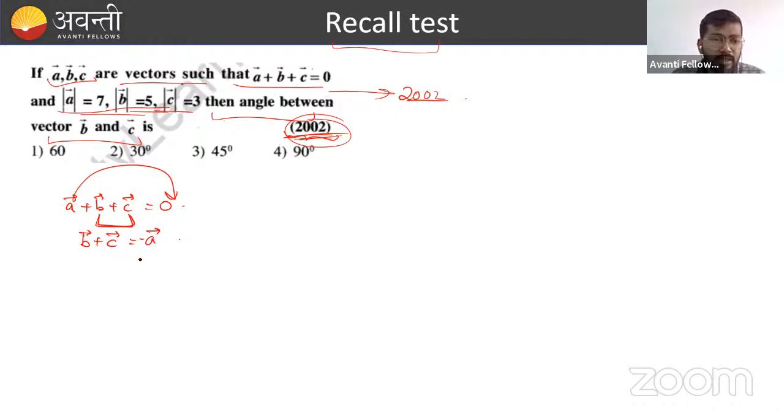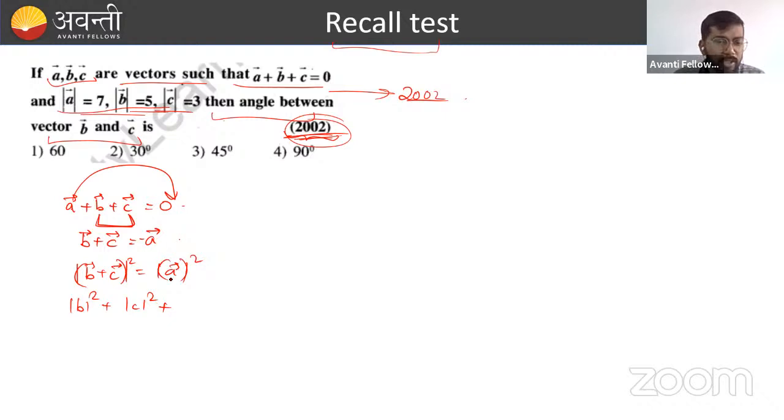Now I am squaring both the sides. Instead of taking mod, I am directly squaring both the sides.